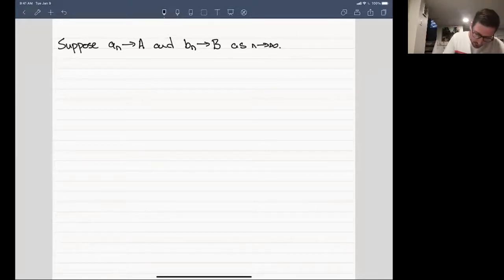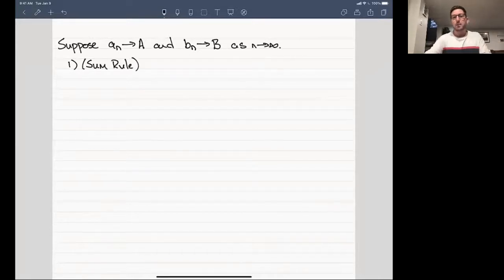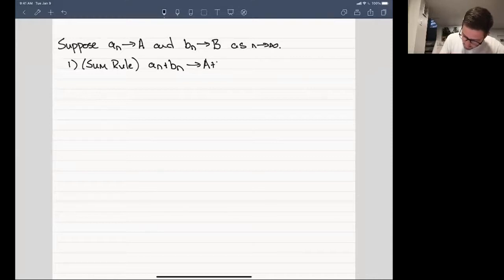Well, then we have what's called the sum rule. And it tells us that if we add up these sequences pointwise, so a_1 plus b_1, a_2 plus b_2, a_3 plus b_3, and so on and so forth, then this just converges to the sum of the limits. So again, you probably knew this, you probably anticipated this, but it's important for us to write it down.